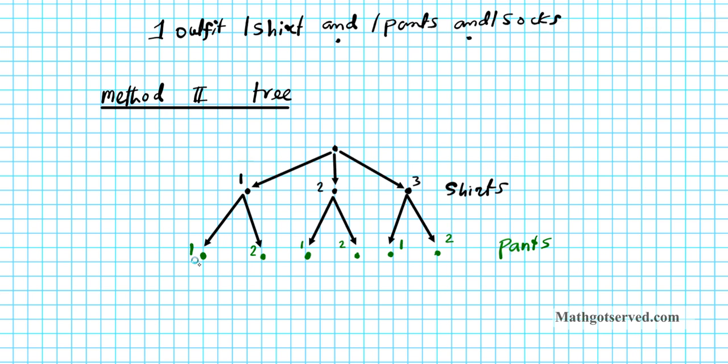For this route, you have 2 choices of socks, and for every other route you also have 2 choices, socks 1 or socks 2. Okay, so these are the different socks options you have.